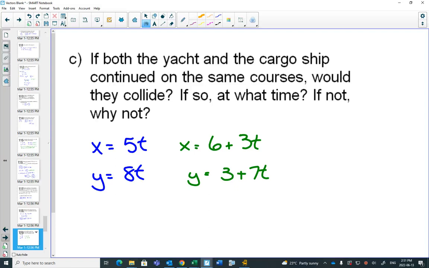So as long as you have a reference point of that time, now we have, from our first equation, 5t equals 6 plus 3t, and in our second equation, we have 8t equals 3 plus 7t.